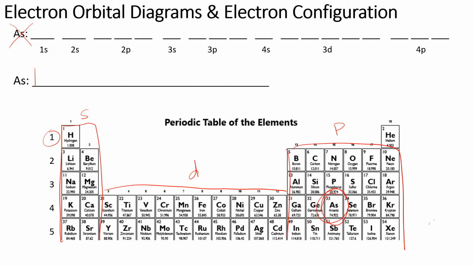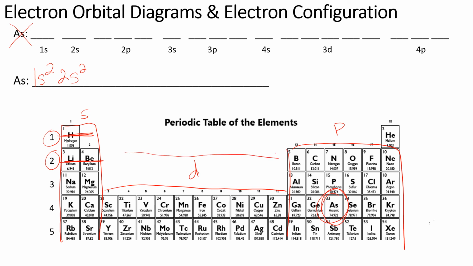We're going to start at the beginning of our map up here at energy level 1. We start in the S orbital, and there are 2 elements across, so 1s2. That takes care of that first energy level. Then we go to energy level 2. We start in the S orbital, and again, 2 elements across, so 2s2.